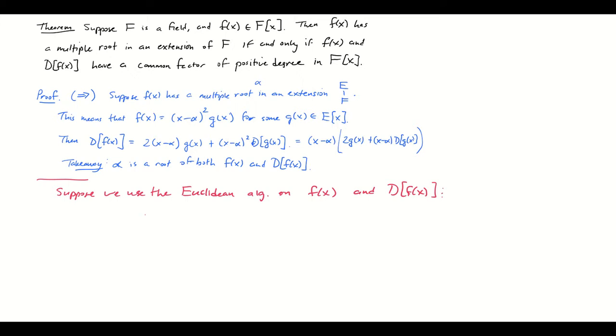So we would get f of x equals the derivative times some quotient, which I'll call quotient 1, plus some remainder 1, where the degree of the remainder is less than the degree of the thing we divided by, which was the derivative.